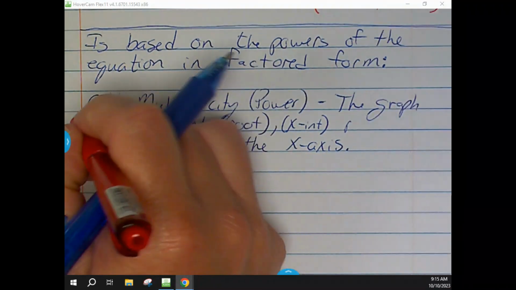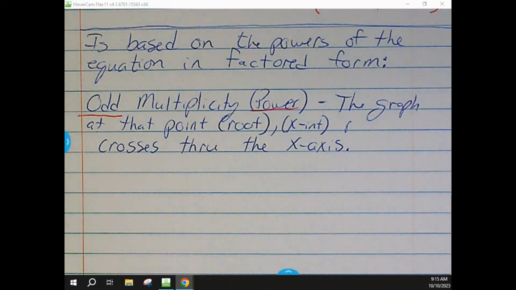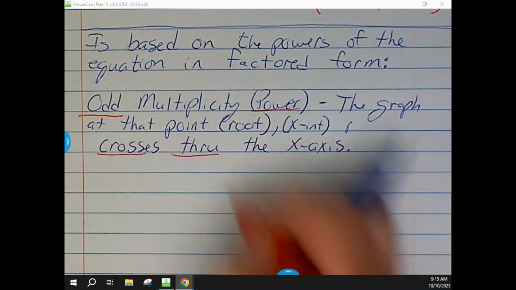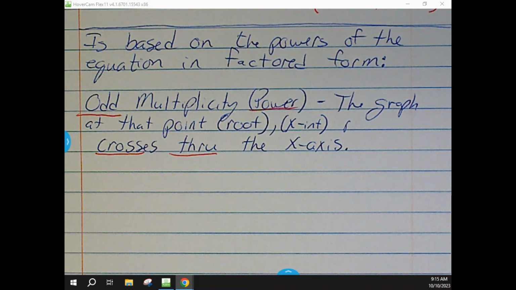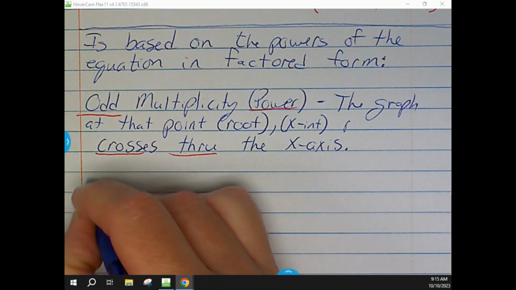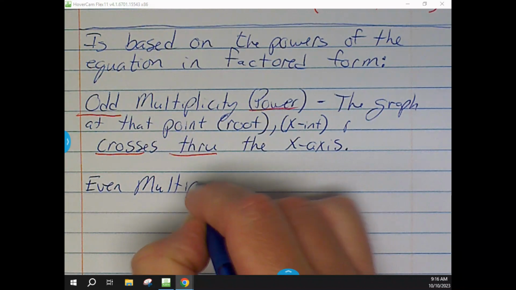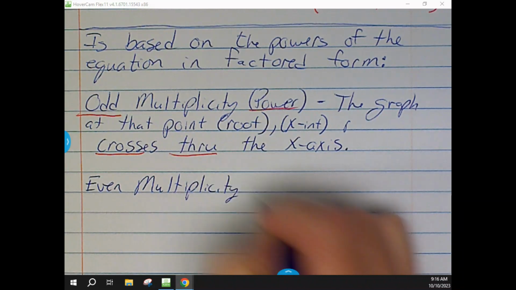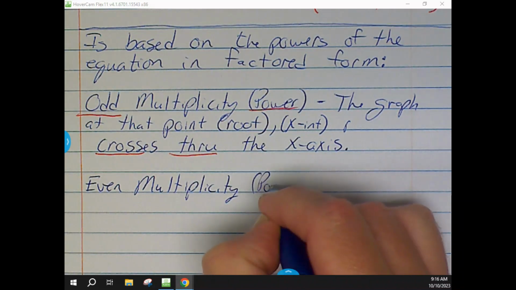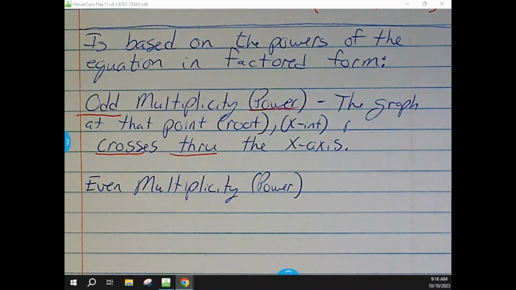So again, if you have an odd power or an odd multiplicity, you're going to cross through. Right now, that's not going to mean a whole lot until you see it in a second, and then we'll show you what that means when we start looking at the graph and figure out what's going to happen with it. All right, so you have an even multiplicity. Or again, if we have an even power.